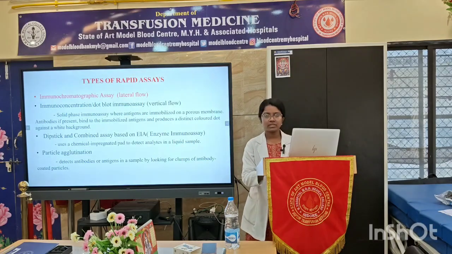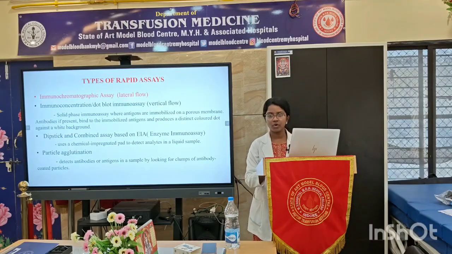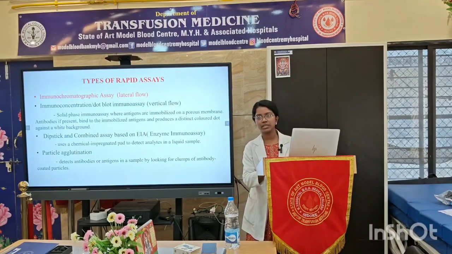The most common types of rapid assays are the immunochromatographic assay or lateral flow, which we commonly use for the rapid tests in our department. The others are immunoconcentration or dot blot assay, which is a solid phase immunoassay where antigens are immobilized on a porous membrane.